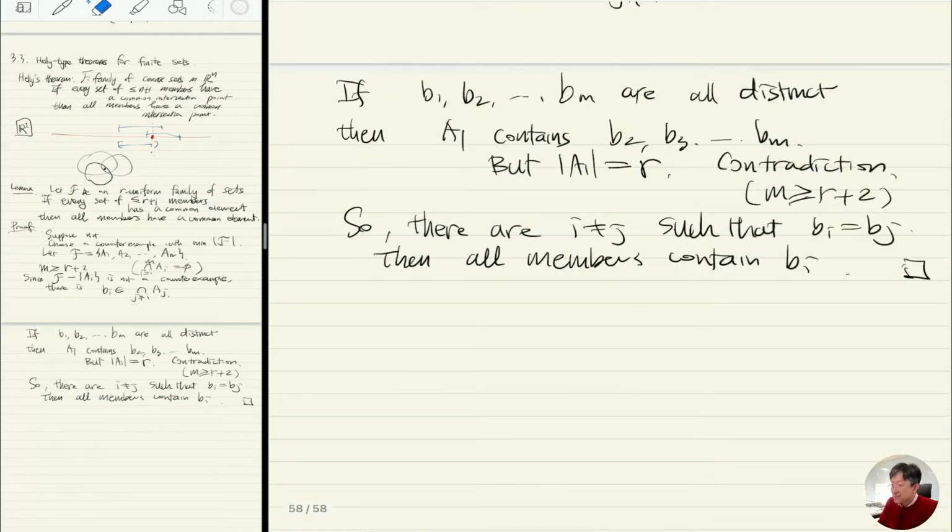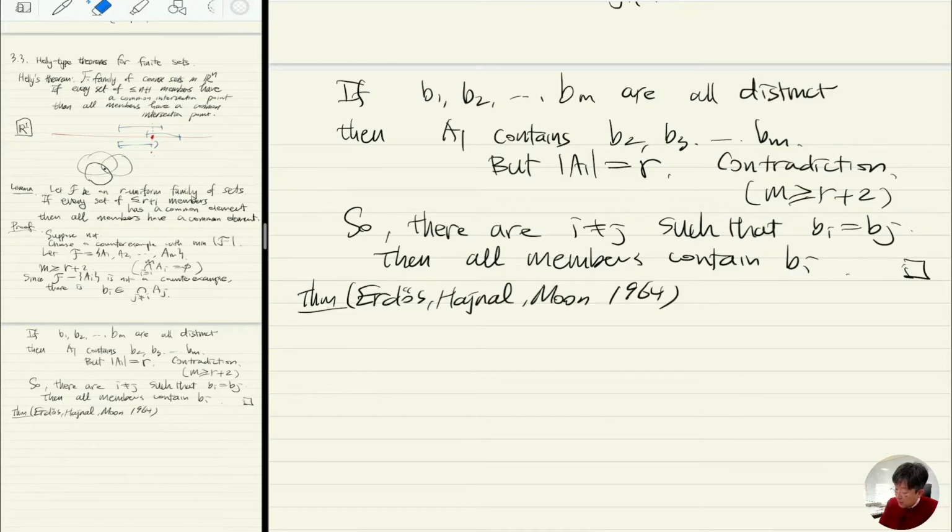Right. Now, in 1964, Erdős, Hajnal, and Moon were thinking about a variation. So let me state the theorem. They talked about a similar problem on graphs, right?